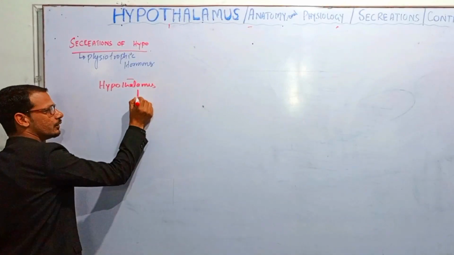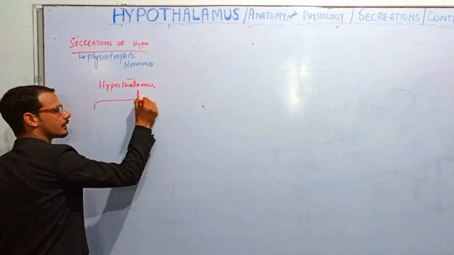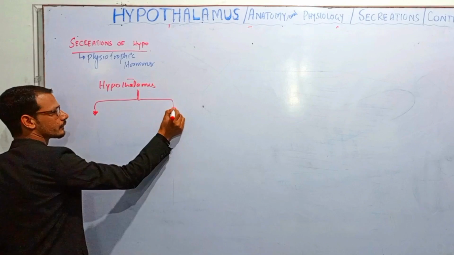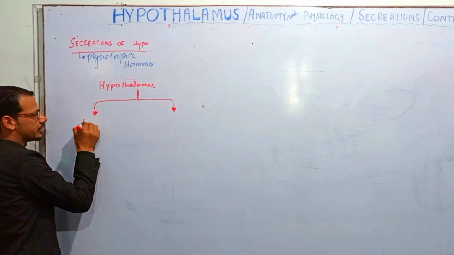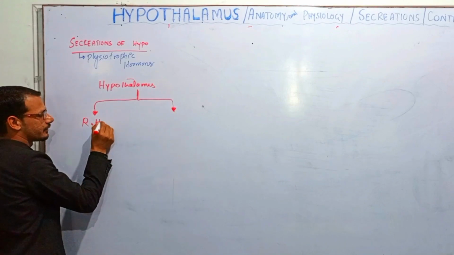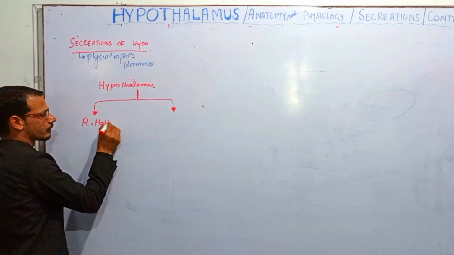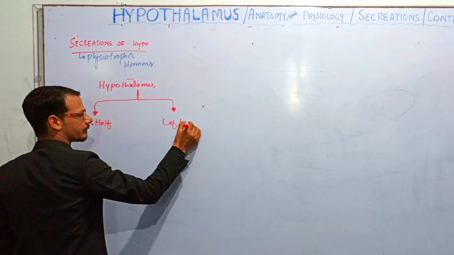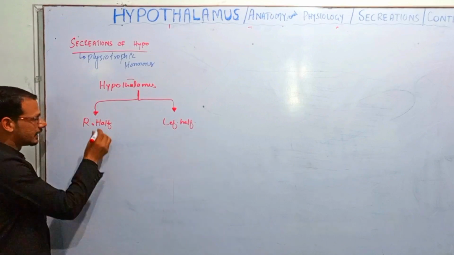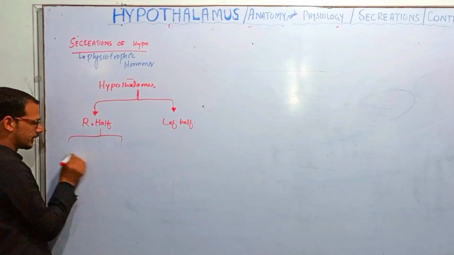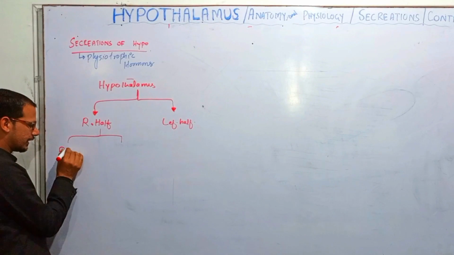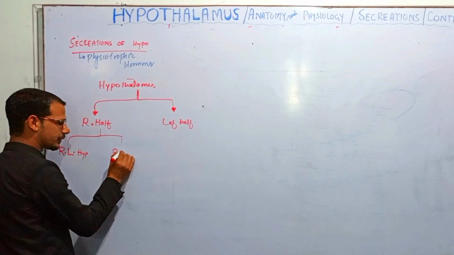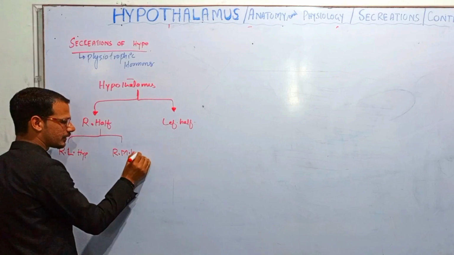Hypothalamus is divided into two: the right half of hypothalamus and the left half of hypothalamus. The right is divided into right lateral hypothalamus and right medial hypothalamus.